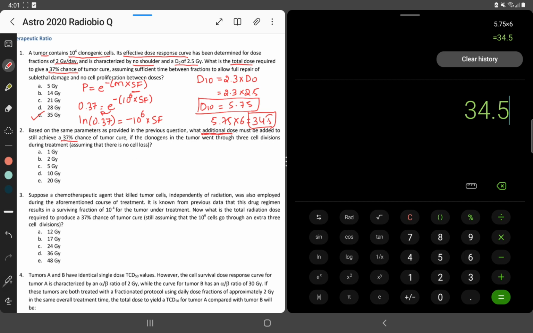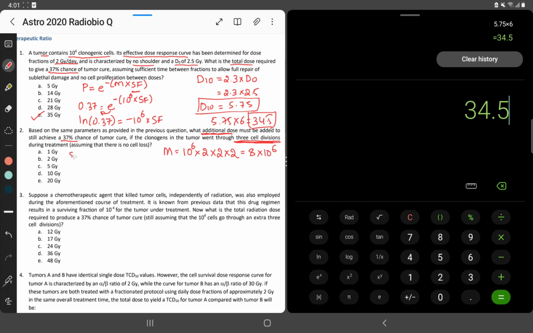Now the probability is still 37%, but there are additional 3 cell divisions that have happened. So the number of cells will increase. m here, 10 to the power of 6 was the initial number of cells. Now it has doubled once, twice and thrice. So it has undergone 3 cell divisions. So 8 into 10 to the power of 6.